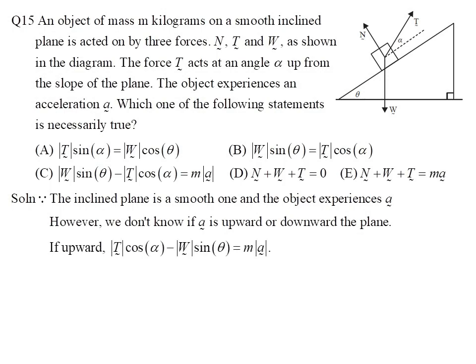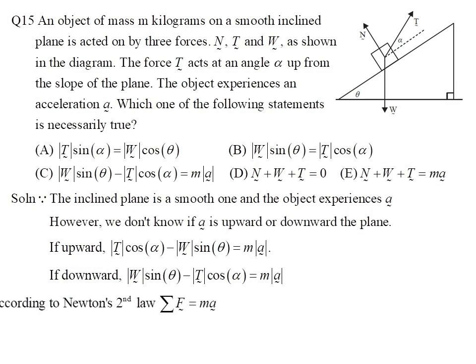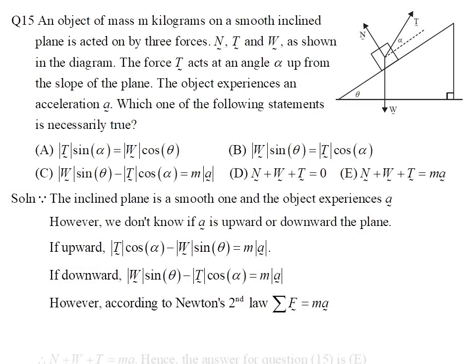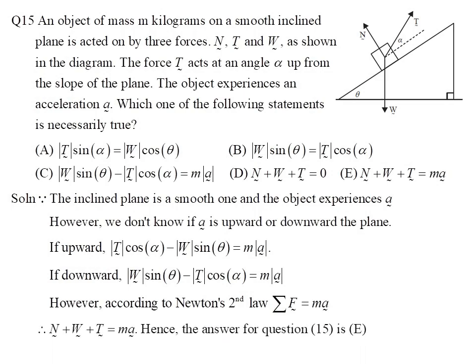If the acceleration is upward the plane, then the modulus of force T times cosine alpha minus the modulus of force W times cosine theta equals m times the modulus of acceleration A. If the acceleration is downward the plane, then the modulus of force W times sine theta minus the modulus of force T times sine alpha equals m times the modulus of acceleration A. However, according to Newton's second law, sigma F equals ma, which gives N plus W plus T equals ma. Hence, the answer for question 15 is E.